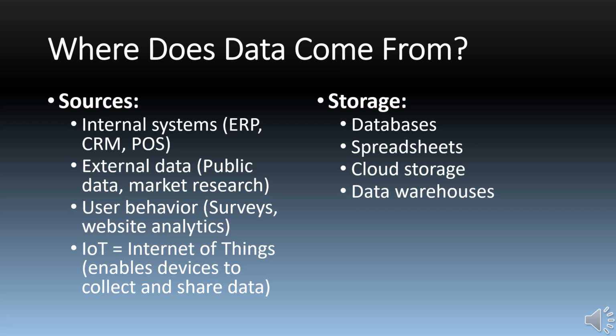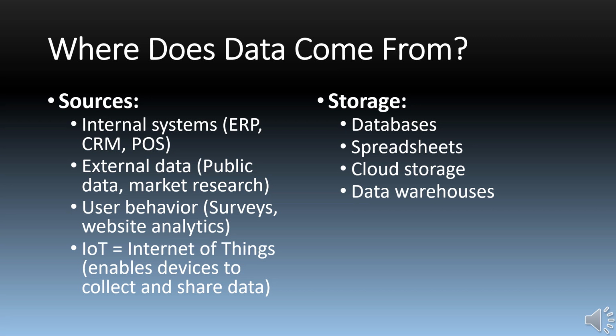Where does data come from? Data can be gathered from a variety of sources, both inside and outside your organization. This includes systems you already use, your ERP or Enterprise Resource Planning software system, CRM or your Customer Relationship Management system, and of course the point of sale system known as POS, which we interact with daily when we go shopping.